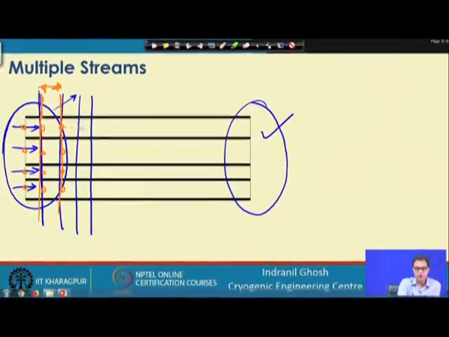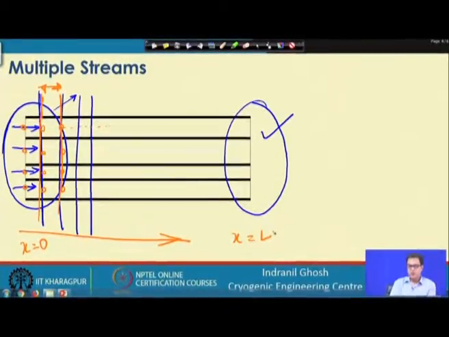So, it will keep on integrating in this direction, from x equals 0 to x equals L, and we would finally get an exit temperature at this end. So, that is the process when all the fluid streams are entering from one end and moving out to the other side. So, all the fluid streams are in parallel combination to each other.